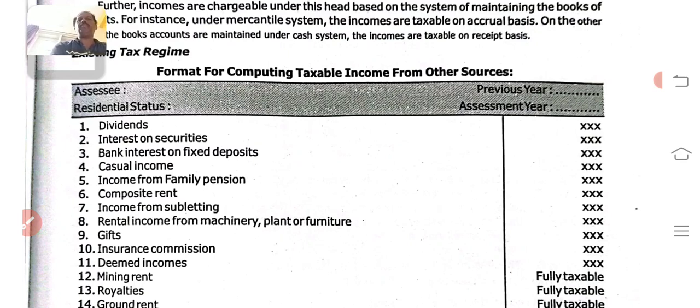Next, what is the format for computing taxable income from other sources?